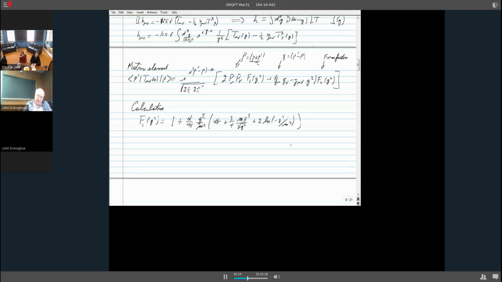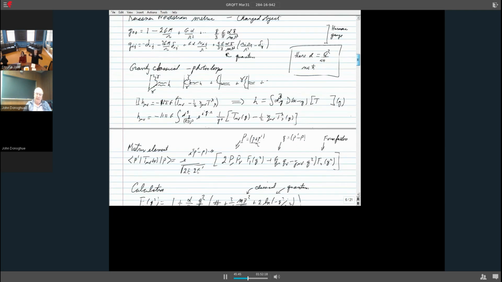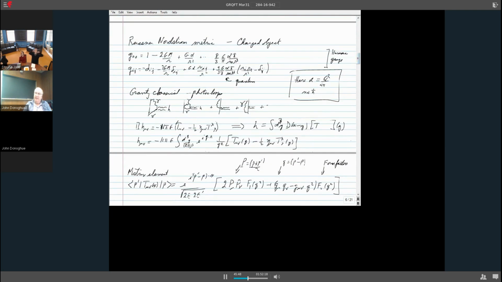F1 of q squared, I won't give them both, I'll just give one of them, is 1 plus alpha over 4 pi, q squared over m squared, some number which I didn't bother copying down, plus 3/4 m pi squared over the square root of q squared, plus 2 log of minus q squared over m squared.